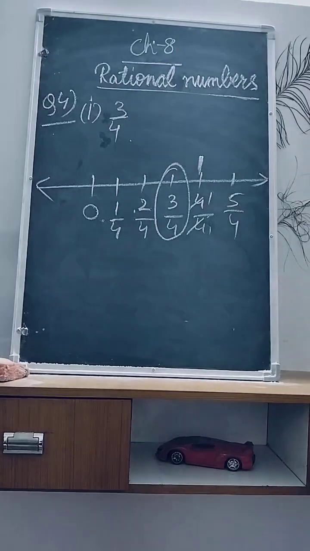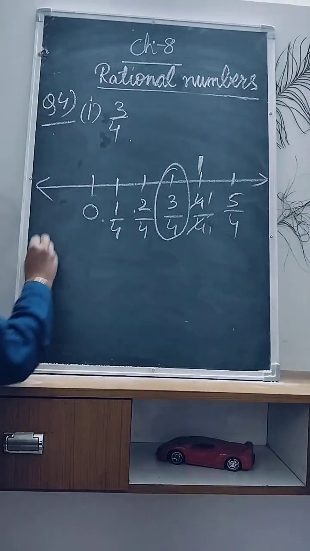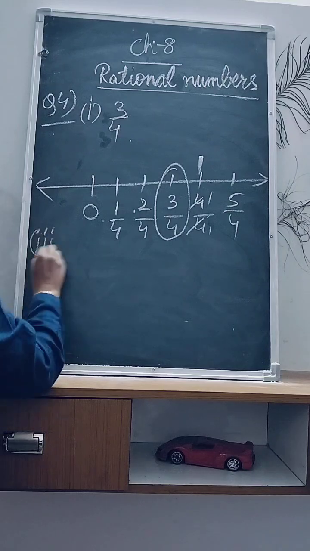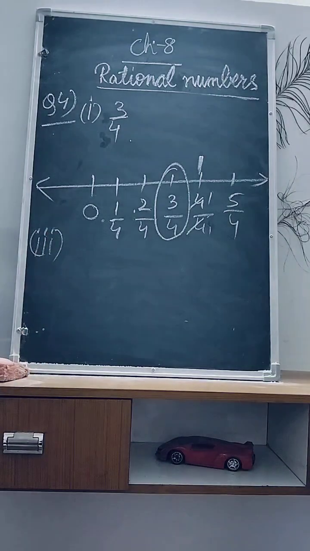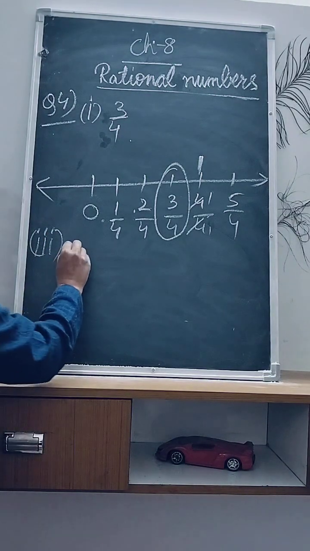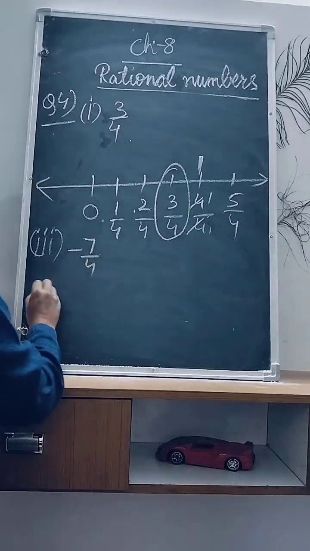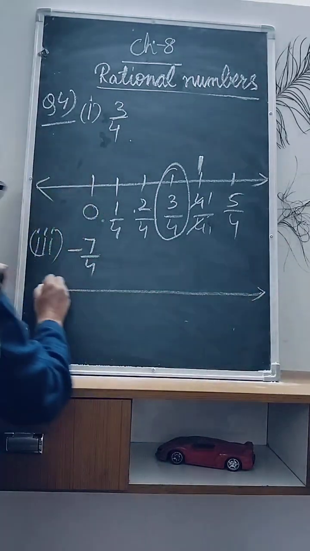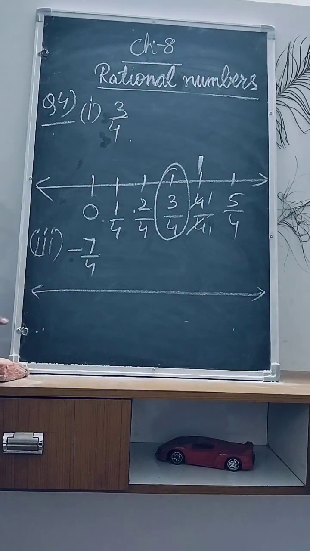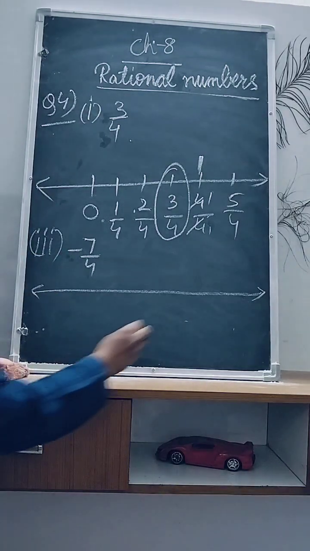Next, one negative side I will tell you. In the third part, what we are given is minus 7 by 4. Now if the negative is there, it means we have to show it on the left side of 0.